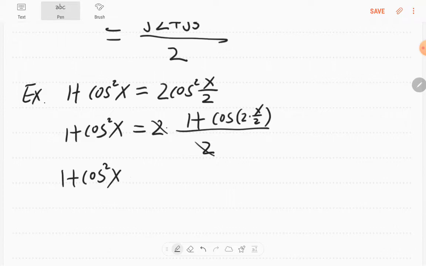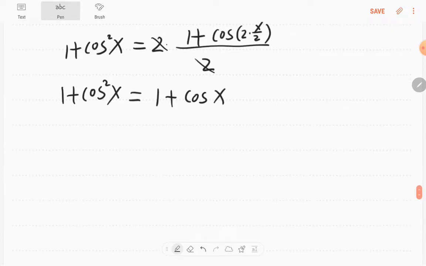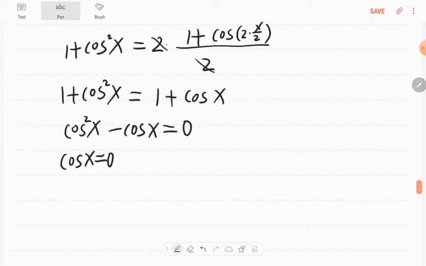It becomes 1 plus cosine x. Right. Then we have 1 and 1 cancel out. So you have cosine square minus cosine x equals 0. Sorry, I should factorize it. Cosine x times cosine x minus 1 equals 0, right?